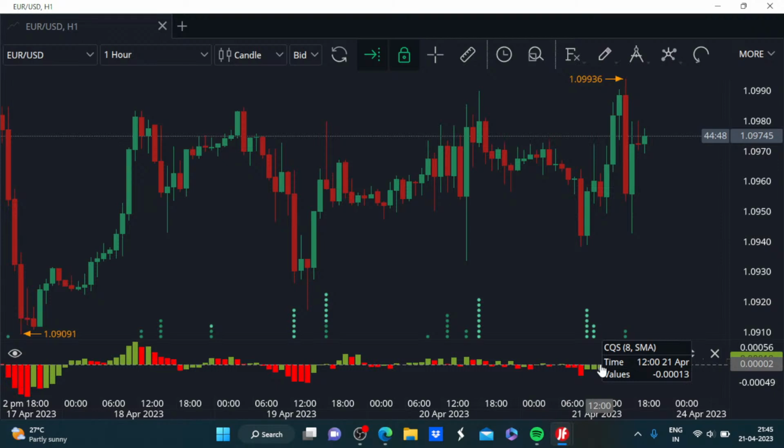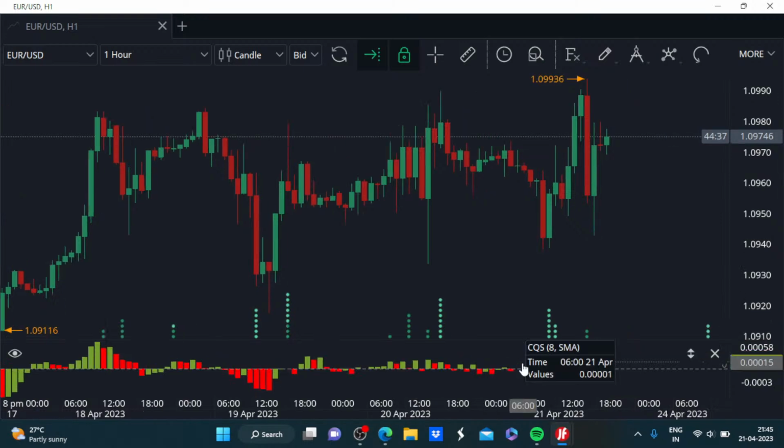Suppose, for example, we consider the price development so far in the session for EUR/USD. Here you can see that earlier in the day, after the start of the European trading session, we had this bearish undertone for the EUR/USD that was also reflected in this CQS output being in negative territory.